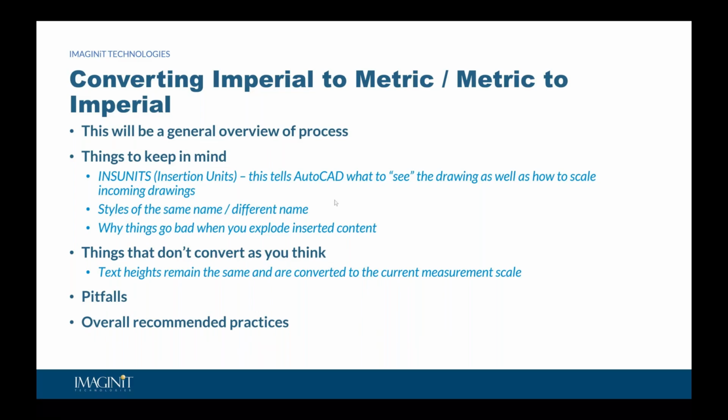Things that don't convert as you think. So text heights remain the same and are converted to the current measurement scale. There are some other things where your dimensions get gigantic, and I'll explain why that occurs. That's under the pitfalls and the overall recommended practices. I've done a lot of work going from imperial to metric and metric to imperial in my life. So this, again, will be a general overview. These are the things to keep in mind.